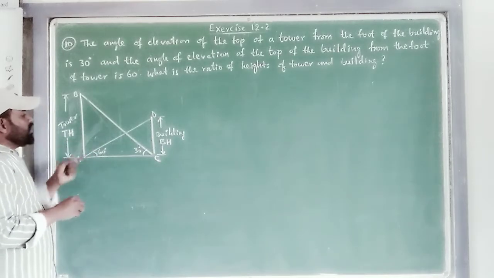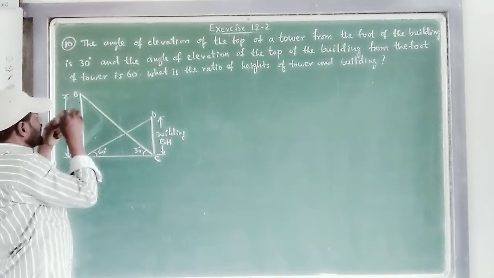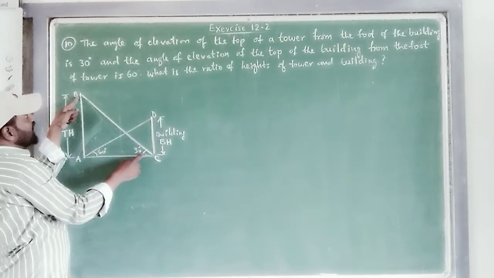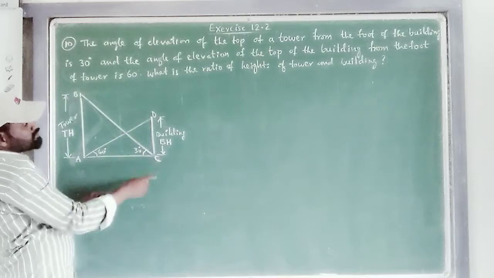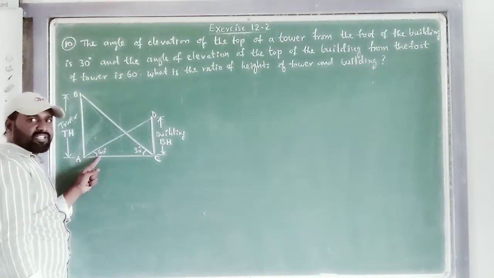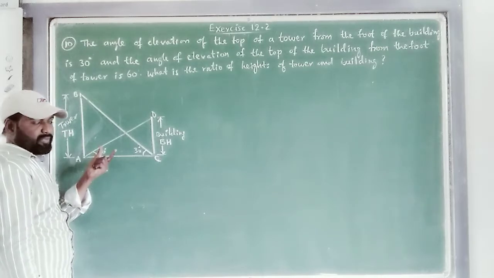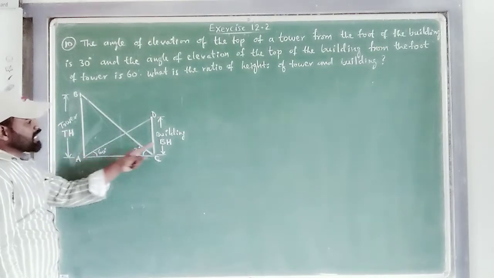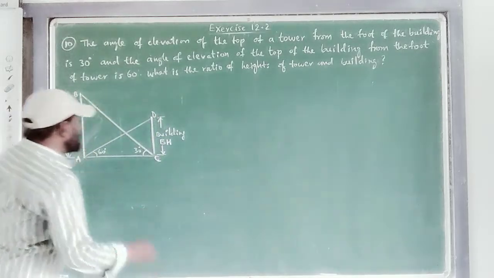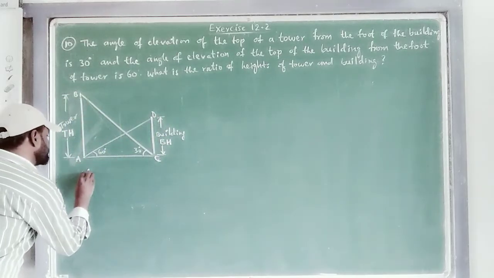So now what is given? If you observe the top of the tower from the foot of the building, the angle of elevation is 30. If you observe the top of the building from the foot of the tower, the angle of elevation is 60 degrees. This is given. We have to find the tower height as well as the building height, then afterwards the ratio of their heights. So let us describe the figure first.